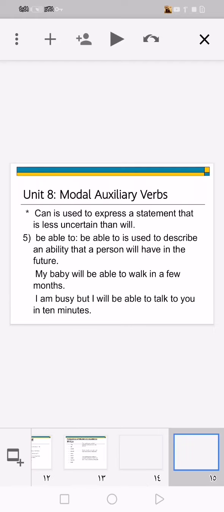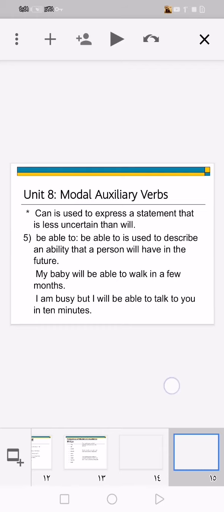Also, can is used to express a statement that is less certain than will. We can use can instead of will to express a statement that is less certain, less definite. Be able to is also considered a modal auxiliary verb.